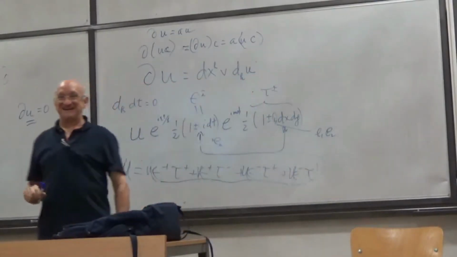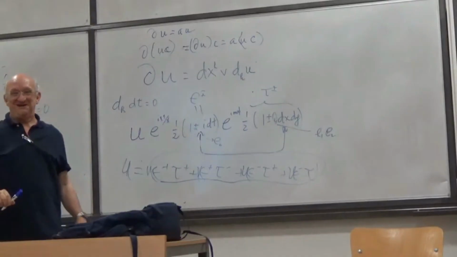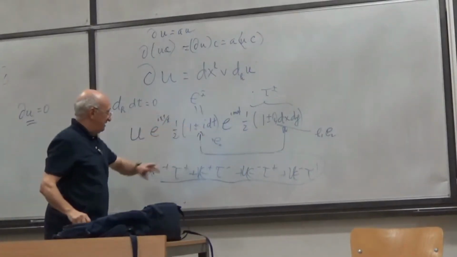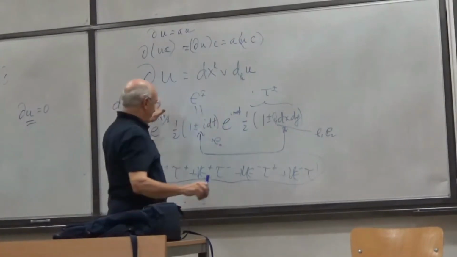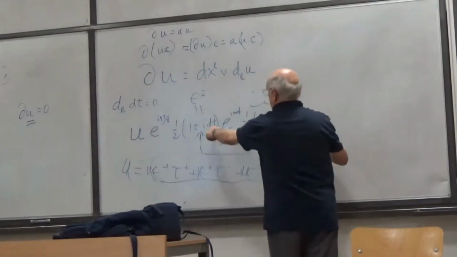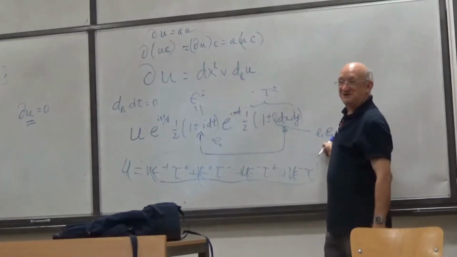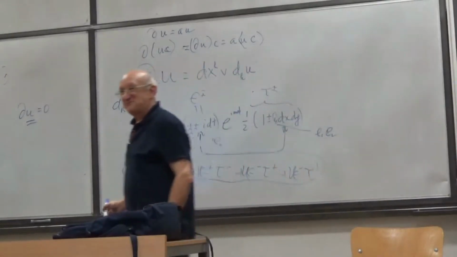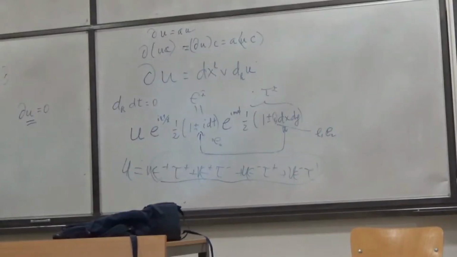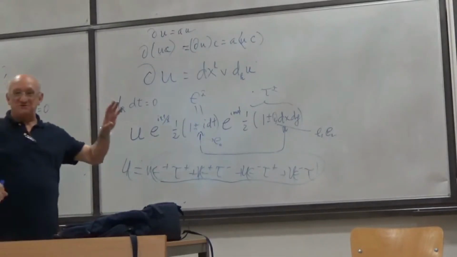I need the unit imaginary because this is imaginary. E0 is imaginary enough, and E1, E2 is imaginary enough. We have a square minus 1. So one can do particle physics, and this is absolutely beautiful.